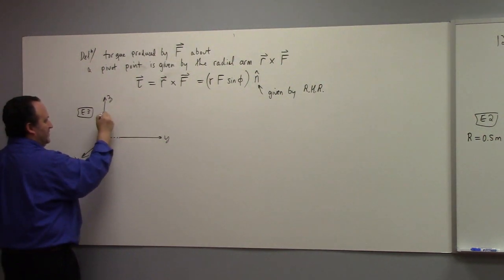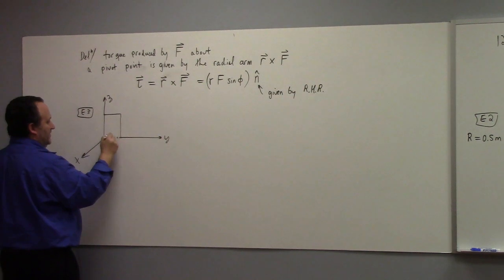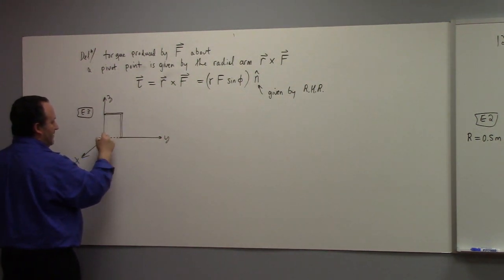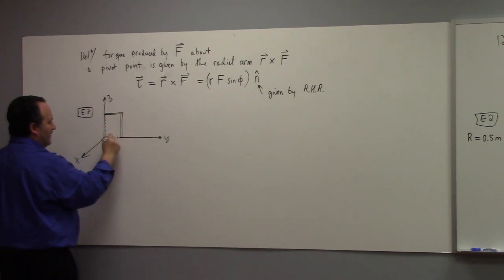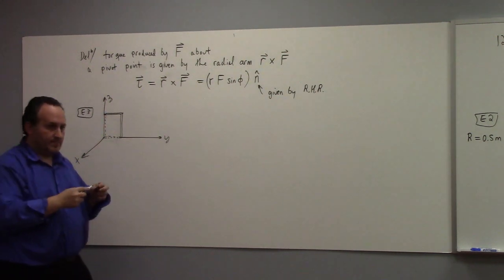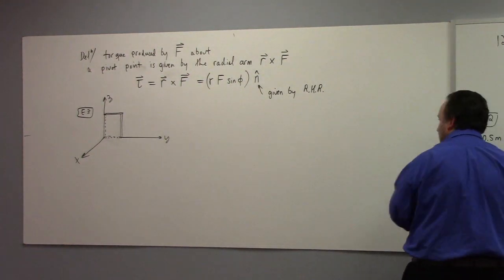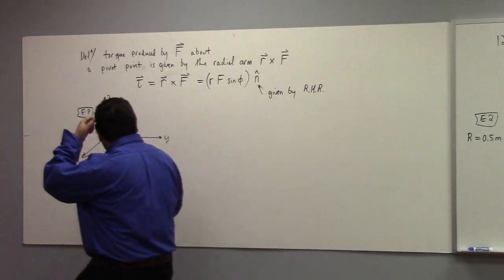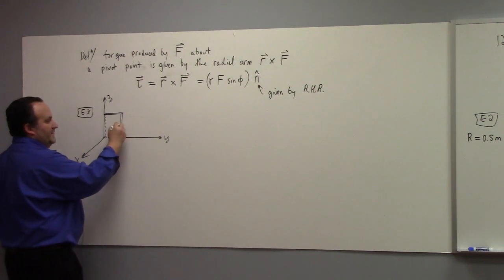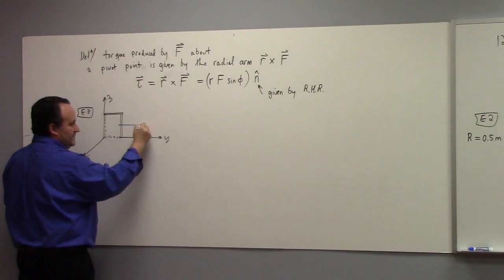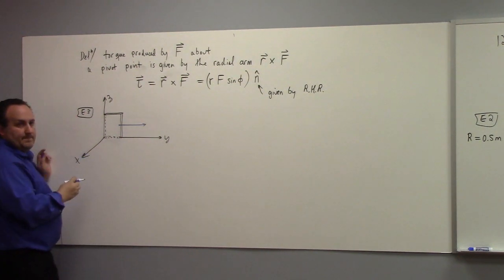Let's just put it in the zy plane. And let's think about putting some forces on the door. What kind of torque are we going to produce? For example, if I put a force like this, right?